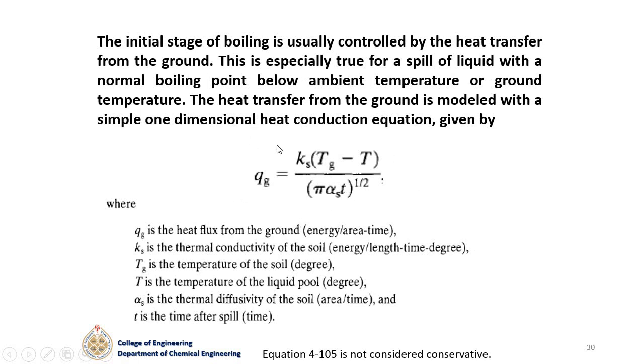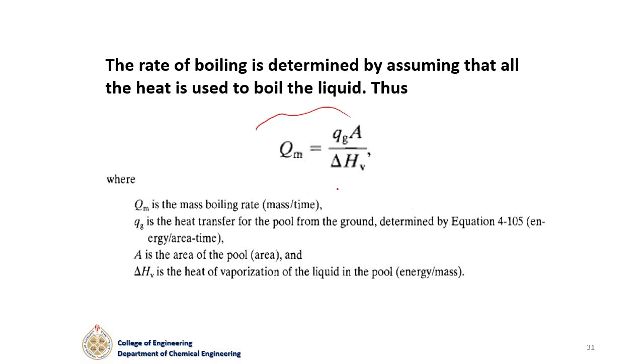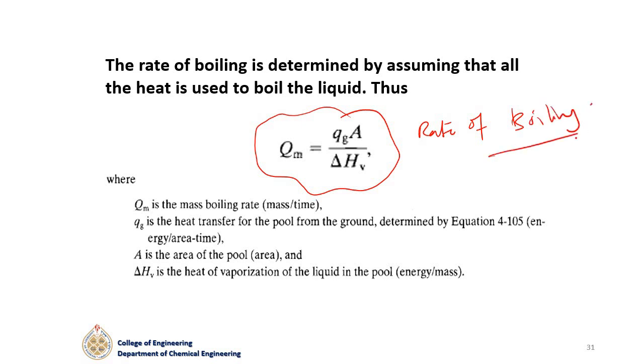And this can be calculated by this QG term, where we have the heat transfer coefficient that we are trying to calculate to get the heat flux. And the heat flux is equal to this term here. We are not going to go into the depth of it, but if you want an equation, this is the equation for the rate of boiling, to calculate how much will be boiling.